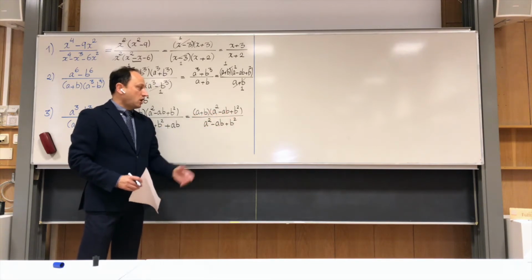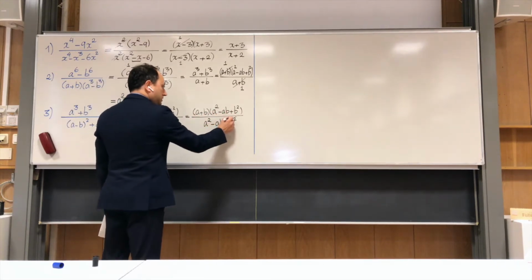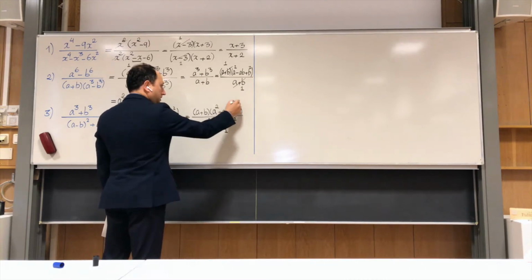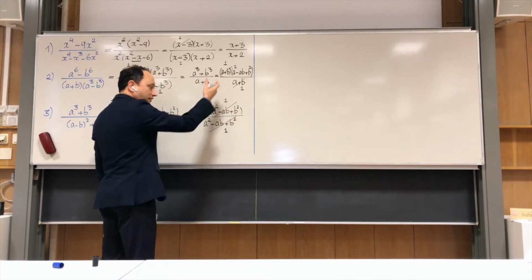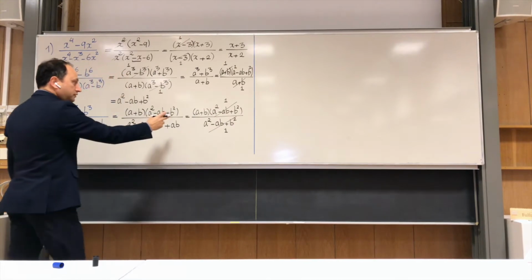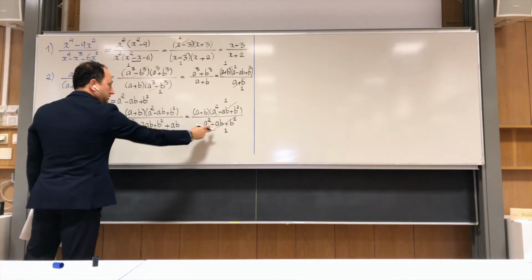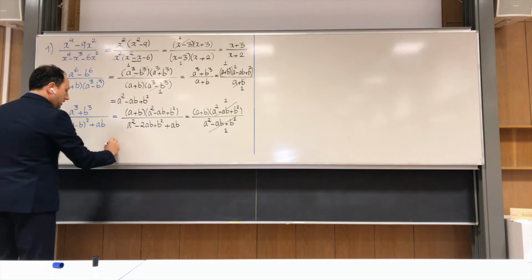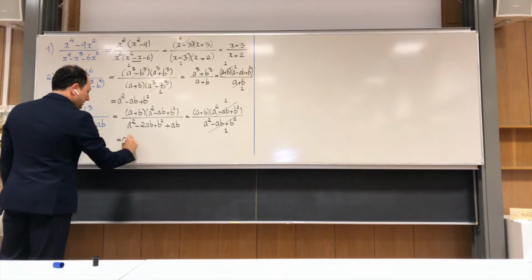So these are common factors, and I can safely simplify by that. One is left from here, and one is left from there after division. And then what is left for me is a plus b divided by 1. So the answer is simply a plus b.